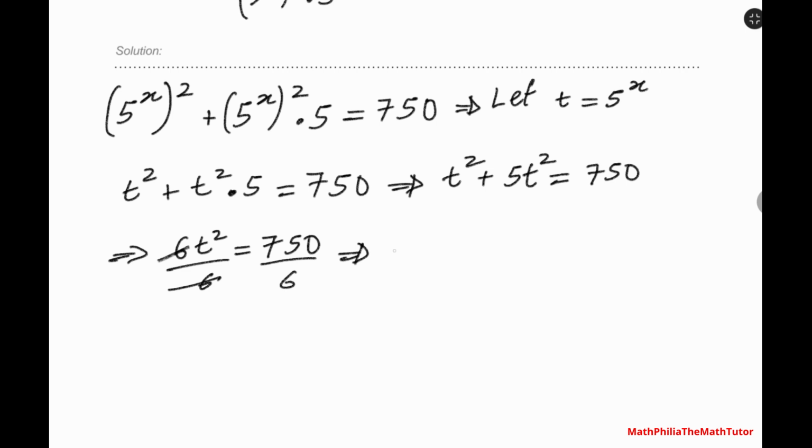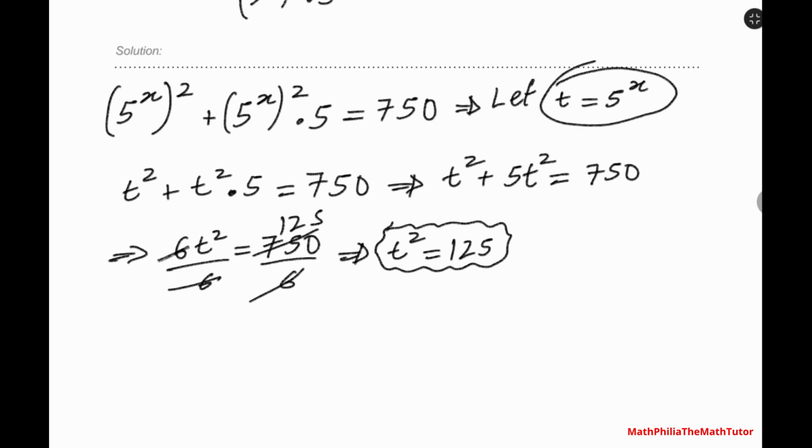So let's just leave it in the form of t squared is equal to 125. Remember this divide here is 125. So we have our t squared as 125. This is not the answer, by the way. So t squared is 125. Well, remember here, what was the value of t?